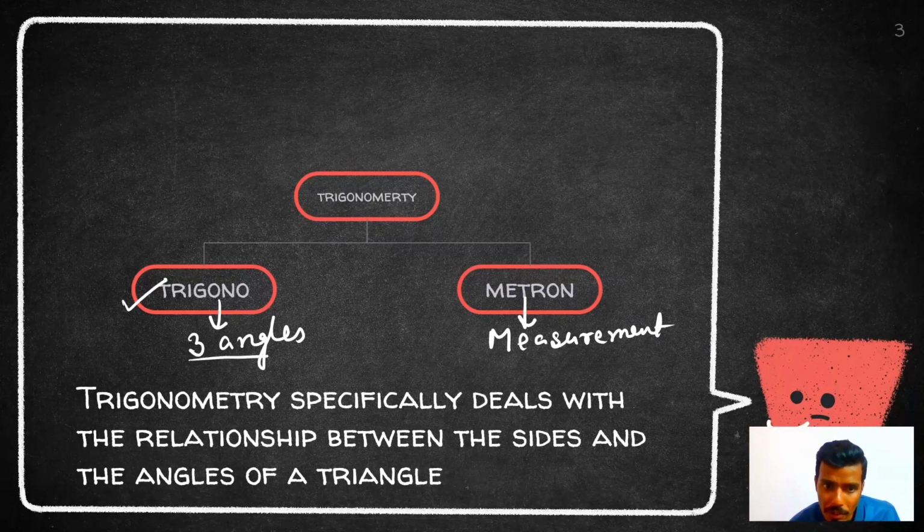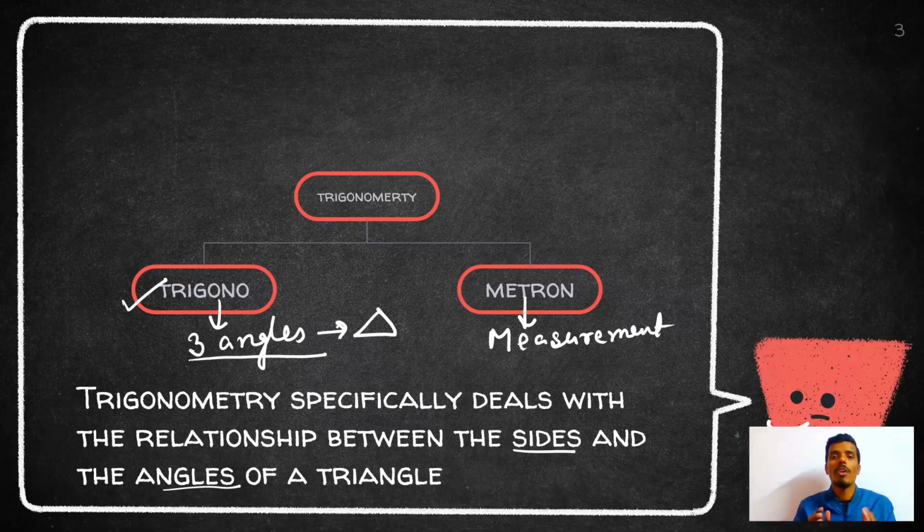Now, when we are talking about three angles, then we are talking about the triangle. Okay, and triangle means sides and angles. Now we have a specific definition of trigonometry.